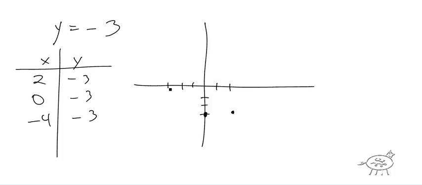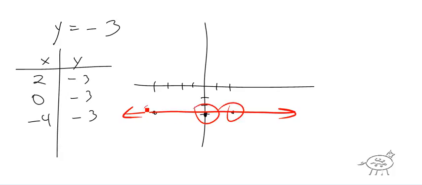X is negative 4, y is negative 3. Okay, and that's your graph. Very interesting. So this one is a horizontal line, and sometimes people get that confused. They see this one as x equals, and they see the other one as y, because they say, well, isn't that the axis? But I want you guys to understand that every point on this graph, y equals negative 3, right? Here and here and here. So if you have a y equals problem, it's automatically a horizontal line.